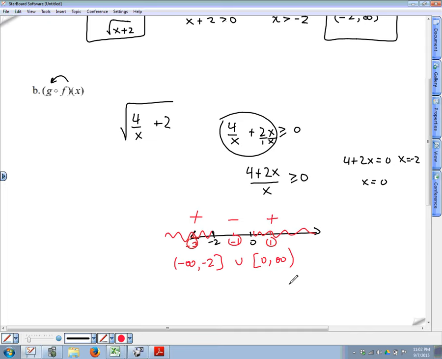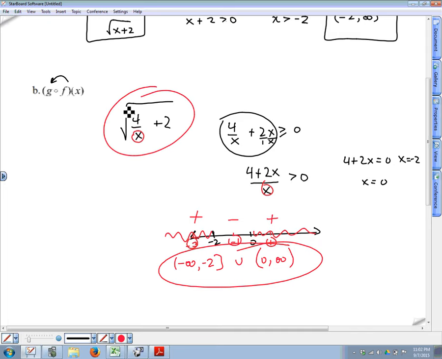Now, there is one more catch to this. Since x is at the bottom of a fraction here, and actually here, we don't actually want it to be greater than or equal to 0. We just want this to be greater than 0. So the one fix we have to make is x can't equal 0. So we're going to put a parenthesis around 0, not a bracket. But that's the domain, and that was the composition right there.